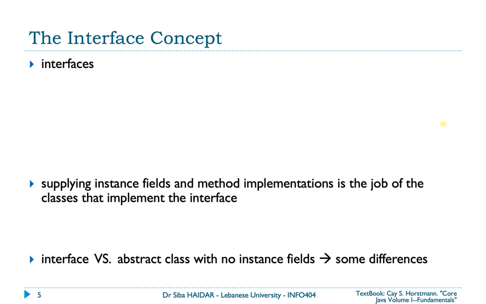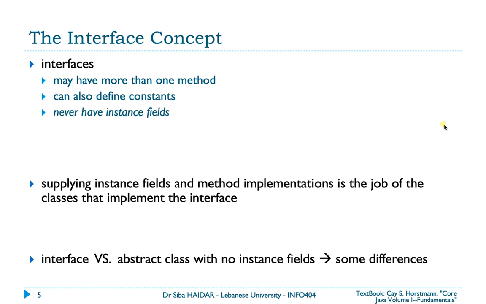What can we do with interfaces? In interfaces, we may have more than one method. We may have even 0 methods. We can also define constants. We never, however, have instance fields inside an interface.